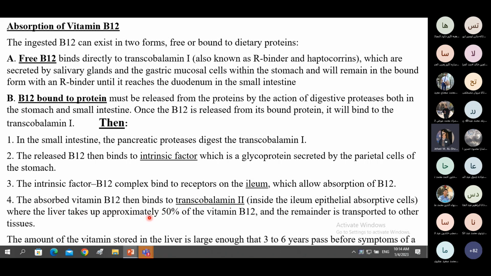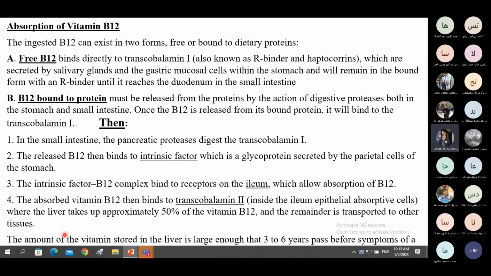The liver will take 50% of the absorbed vitamin B12, and the rest will be transported to the cells where it is needed. So 50% of the absorbed vitamin B12 will be stored in the liver.